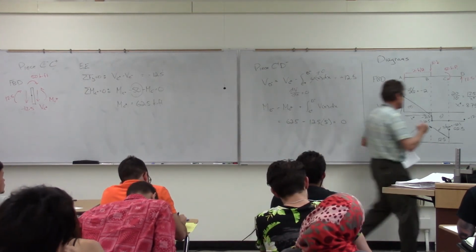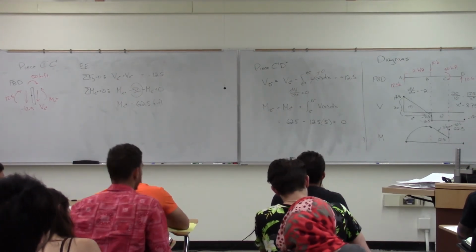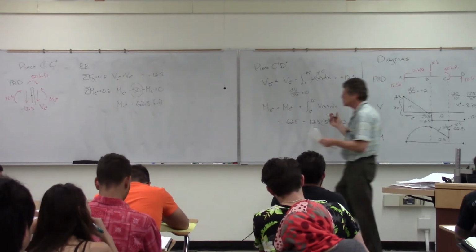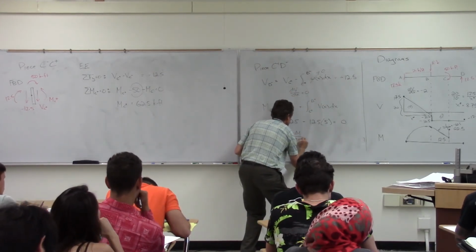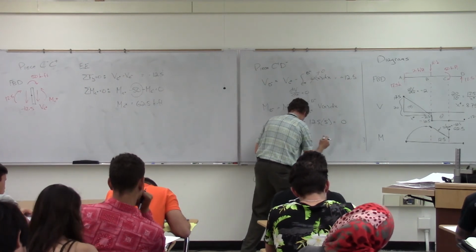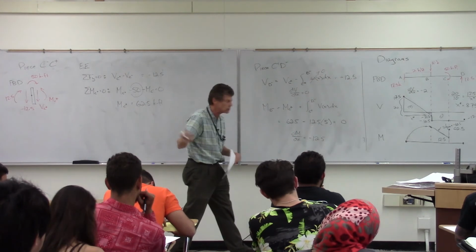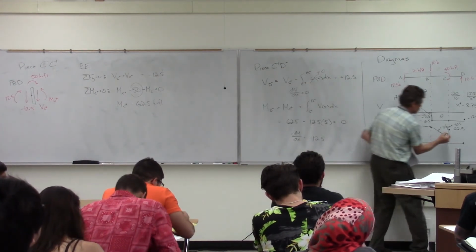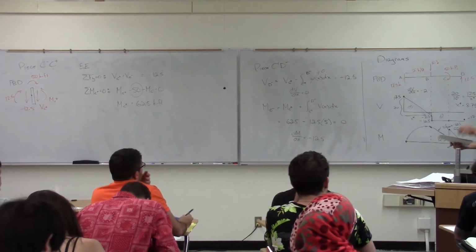So then that tells me my endpoint for my moment diagram will be here. And again, what goes on in between the two? It's a minus 12.5, a constant slope, which then says that I have a slope of minus 12.5 to bring it down to there.